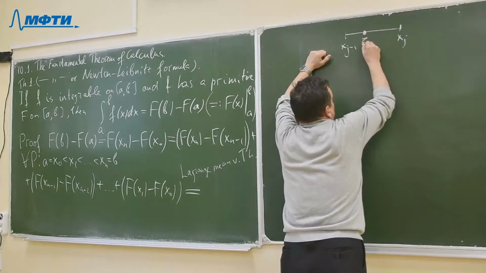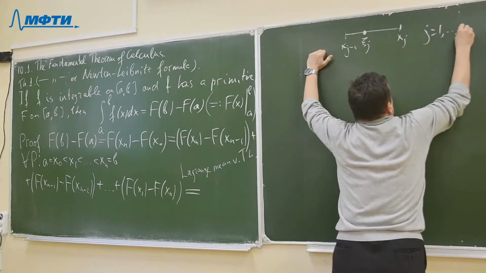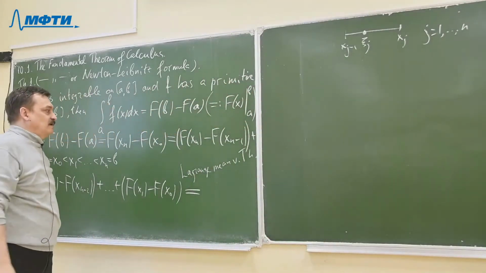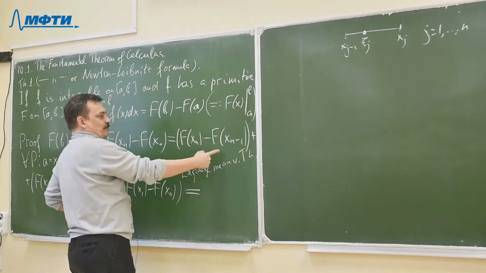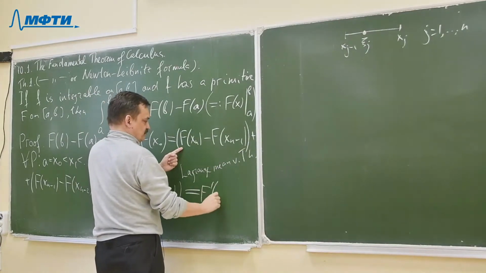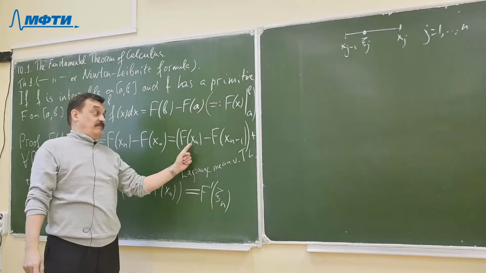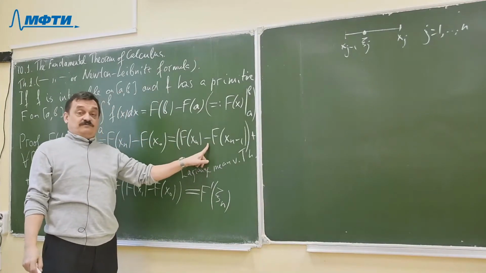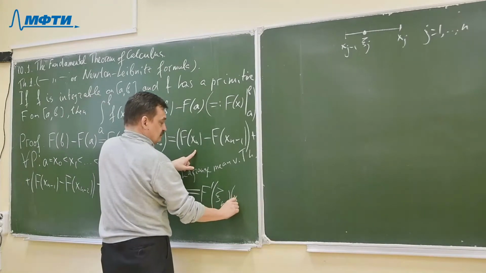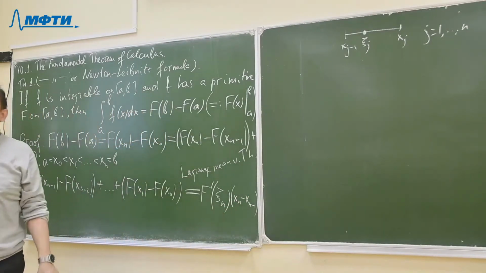Let us denote it by xi j, here j from 1 up to n, such that, for example, look at the first one, F prime at xi, the value of the derivative at a point of our interval, times the difference between the ends of the interval, right?